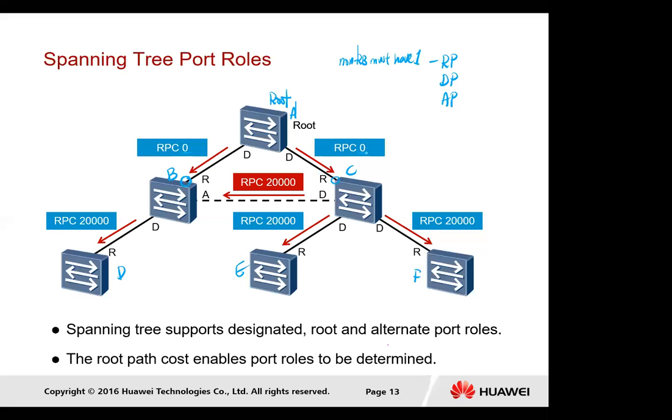For B, I have 2 options, either 0 or 20,000. I will select 0 as my best. Same case for C: I have 0 and 20,000, I will select 0. So I found there is a redundant connection here. Every single non-root bridge has 1 root port. Same for switch D: 1 root port each.